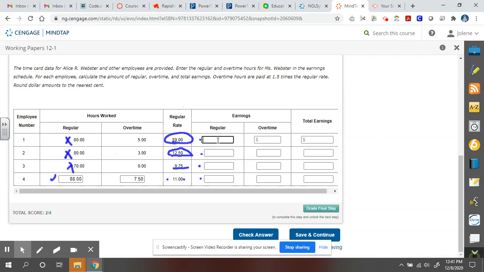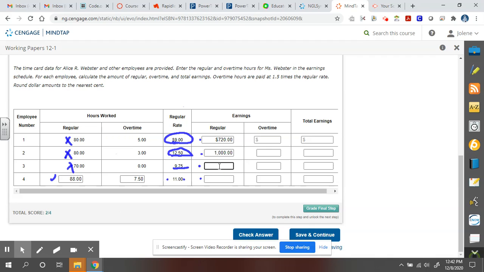So here, $9 times 80 hours. This is $720. Now, regular pay for employee number 2 is 80 hours times $12.50. So that's $1,000 even.